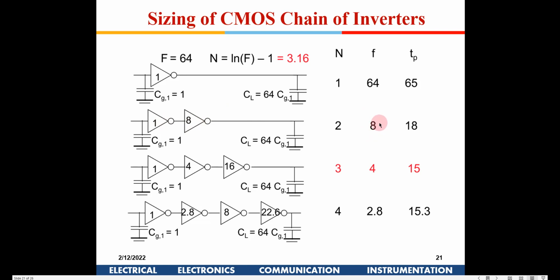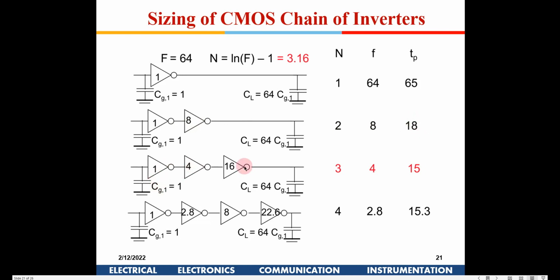So 8 times the Nmos, so f becomes 8 out here. These stages have to be scaled up geometrically. If I use that, then he observed that the delay is around 18.